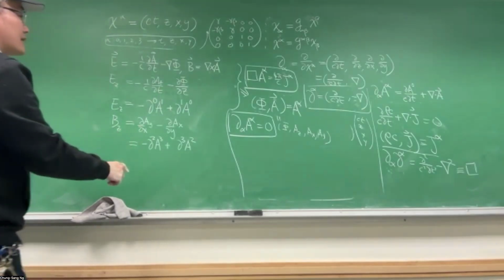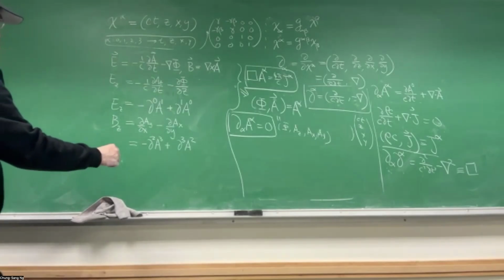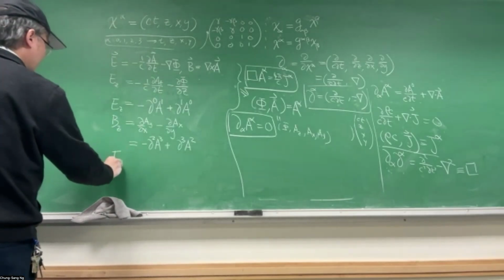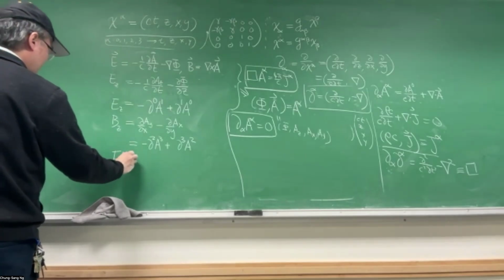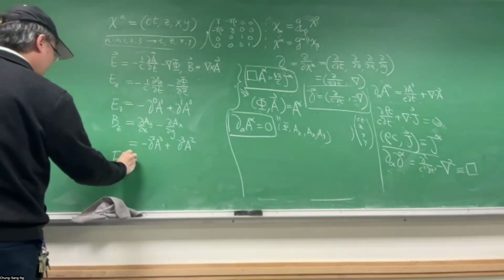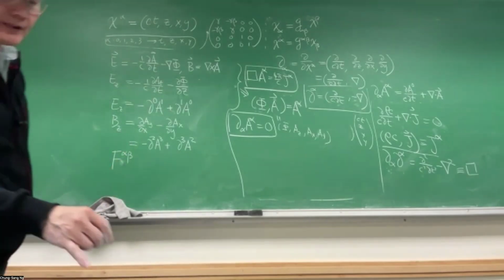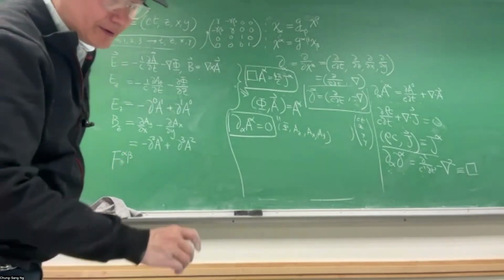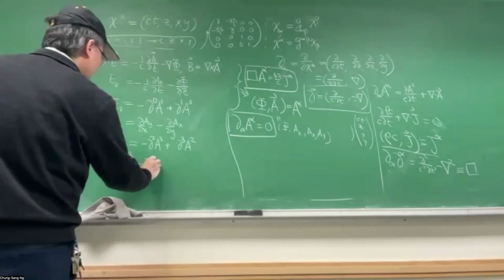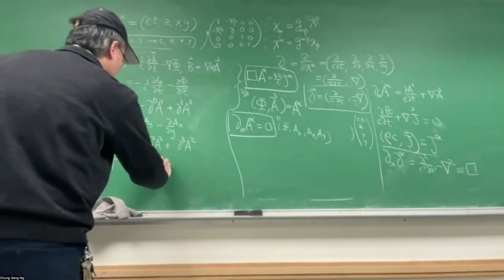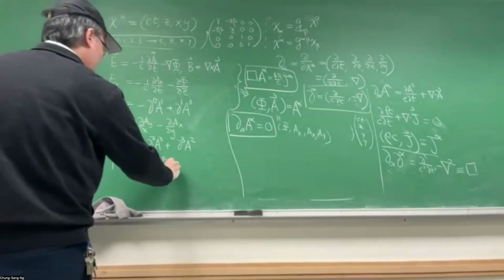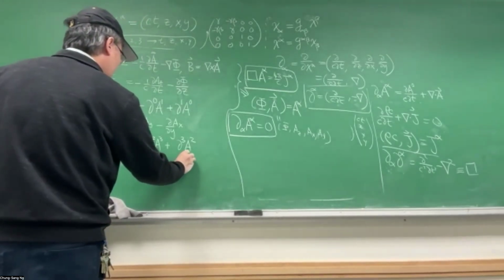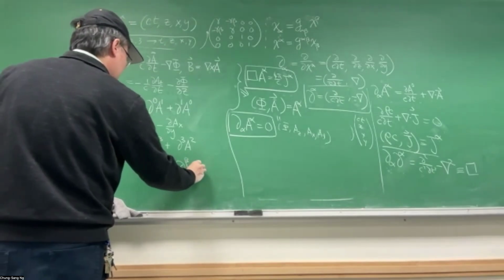And now that gives us a suggestion that we define an object, what we call the electromagnetic field tensor, F alpha beta. And the definition is partial alpha A beta minus the reversing of the 2 indices.